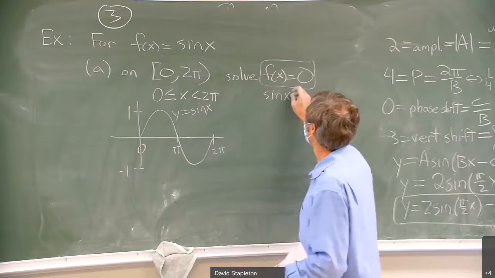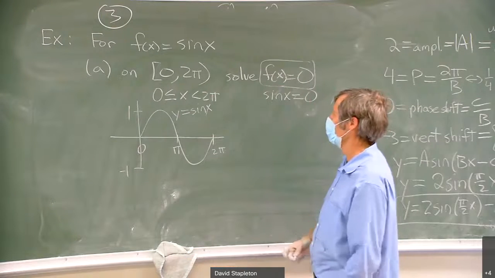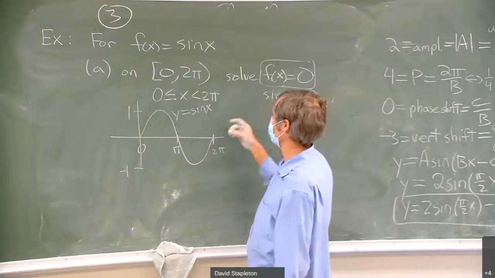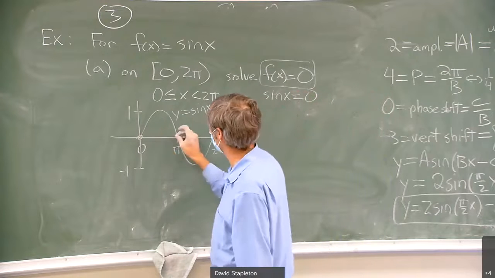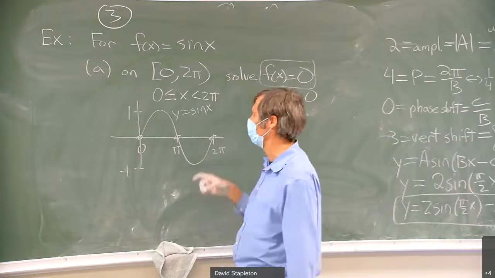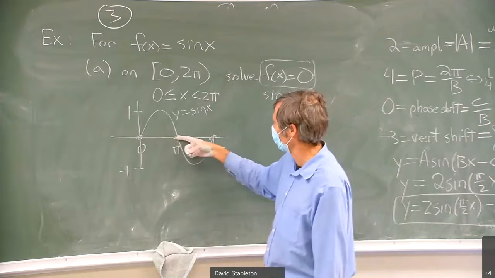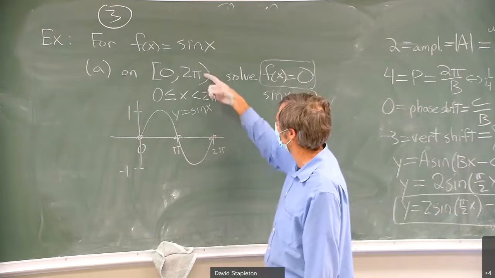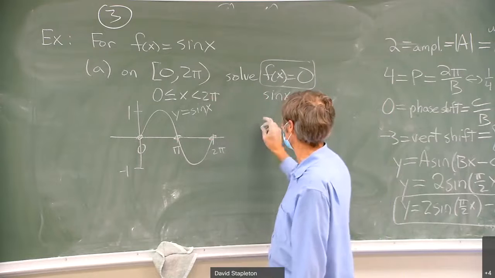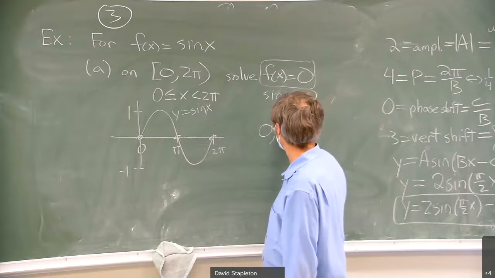That's asking where the y coordinate is 0. There's 1 point here, 1 point here, 1 point here. So when it's an easy number like 0, you can say, oh, I know where that is. That's x equals 0, x equals pi, and x equals 2 pi. But wait a minute, 2 pi isn't in the interval, so I just say 0 and pi.